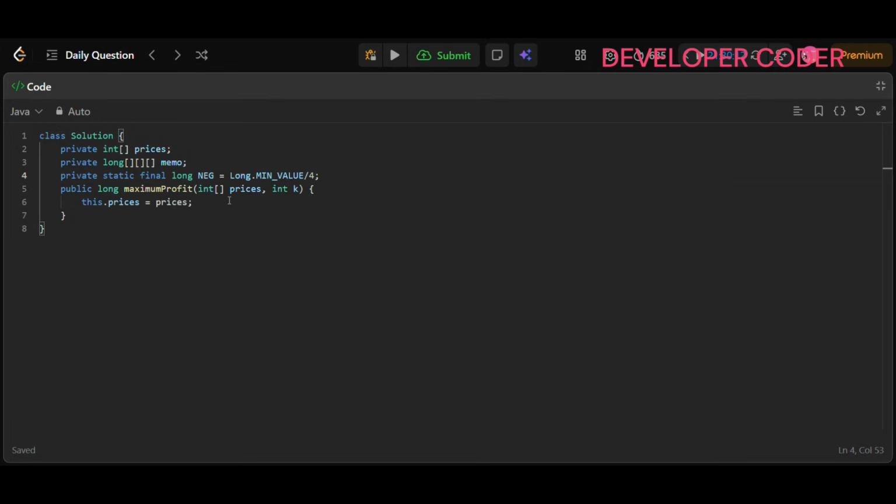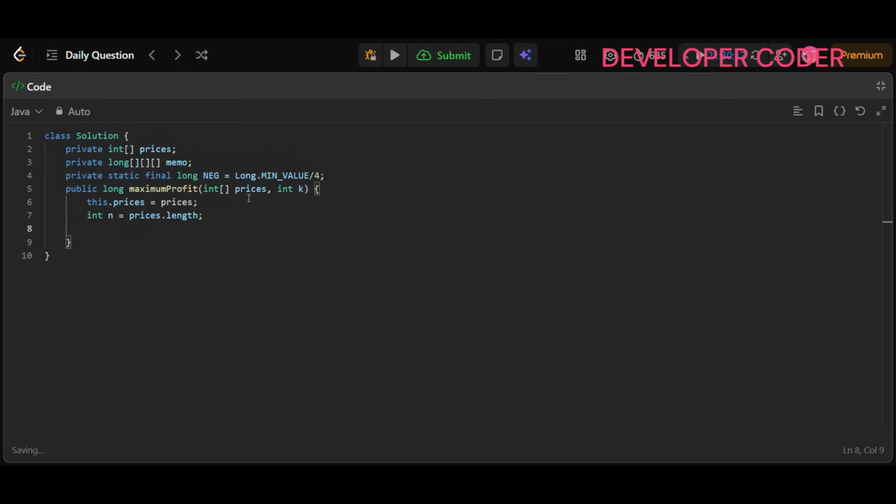Okay, done. And here create one variable, int n is equal to prices dot length, and here memo, just initialize it.